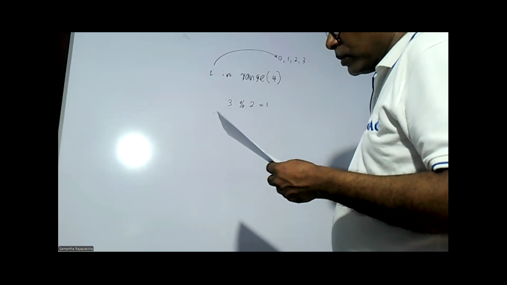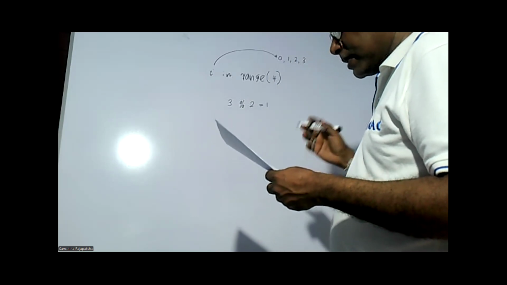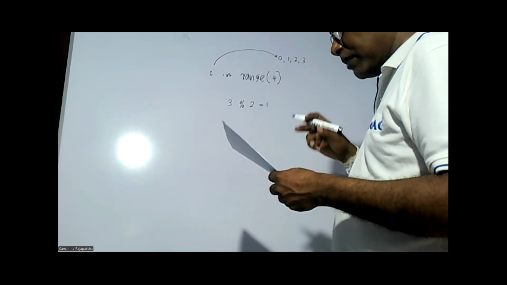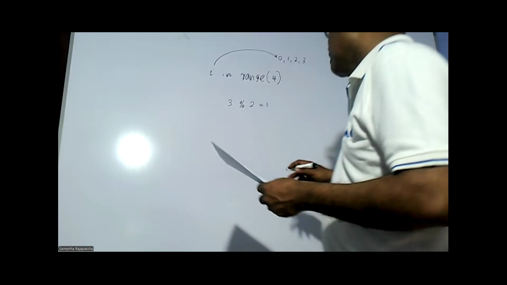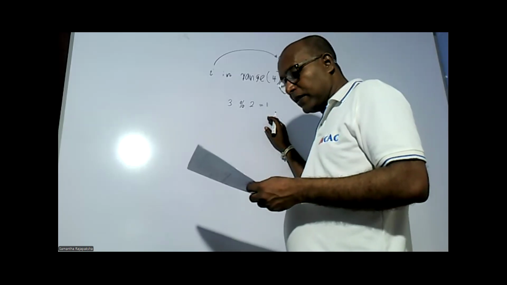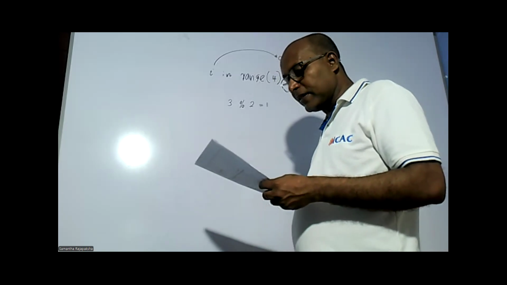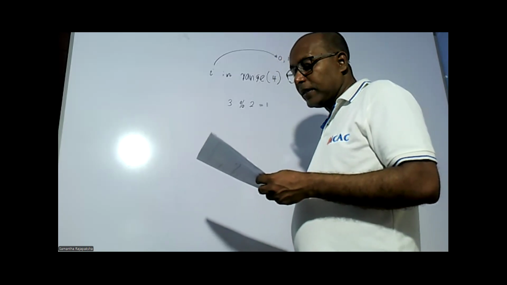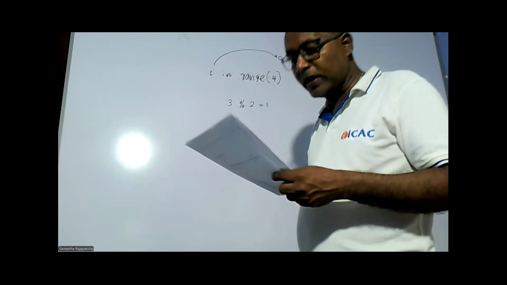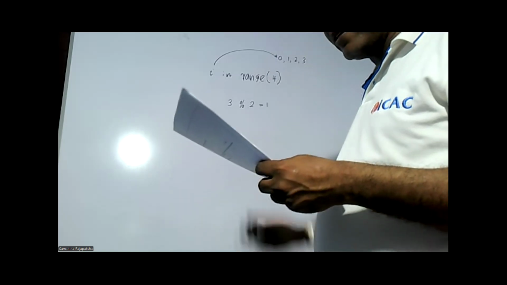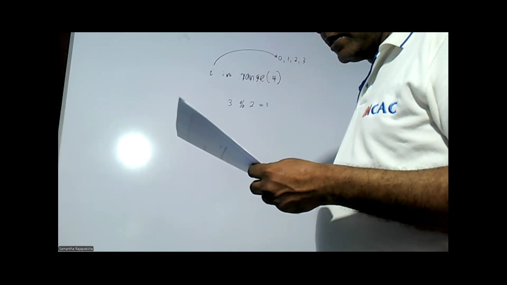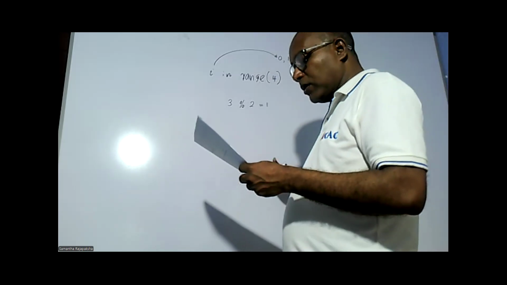A remainder of 1 means odd numbers, and if it is odd, S is incremented. Here S starts at 0, and 3, 5, 7, 9 are all odd numbers. Therefore, S is incremented 4 times, so finally S is equal to 4.